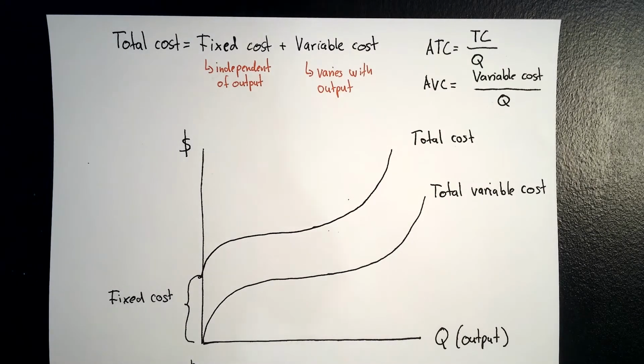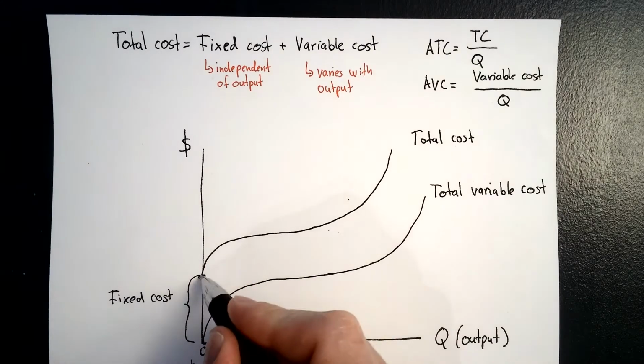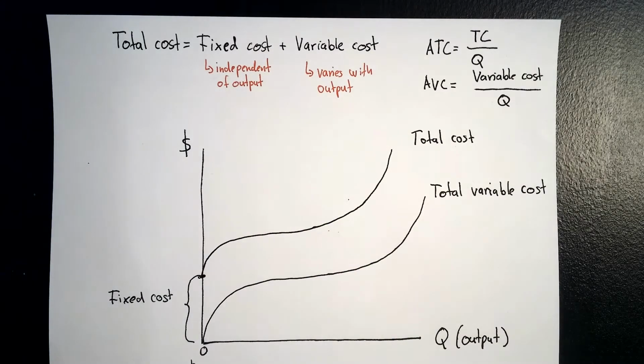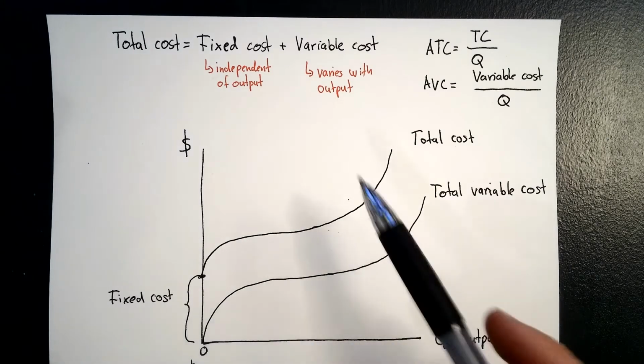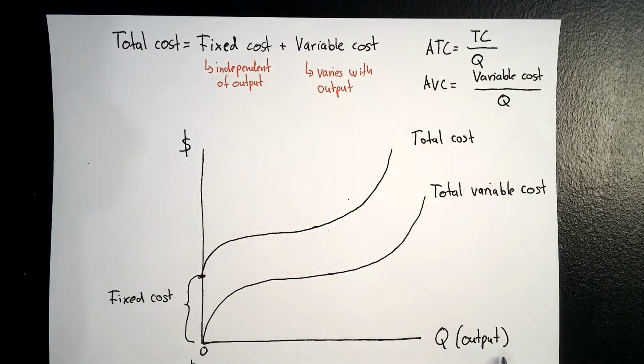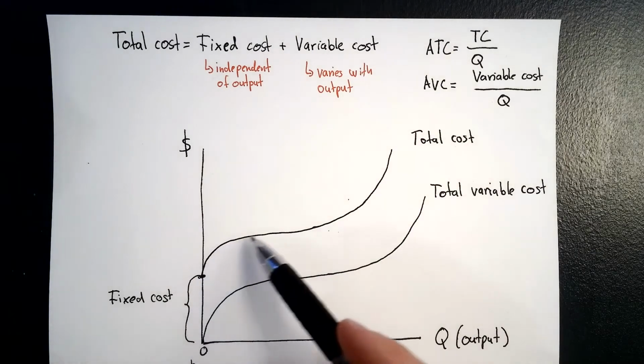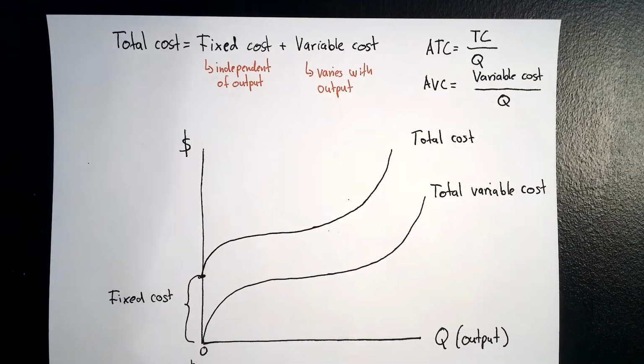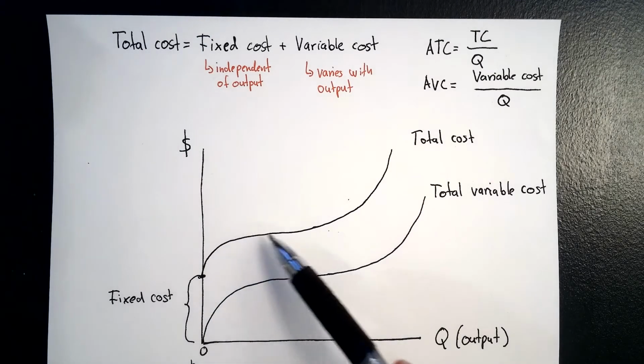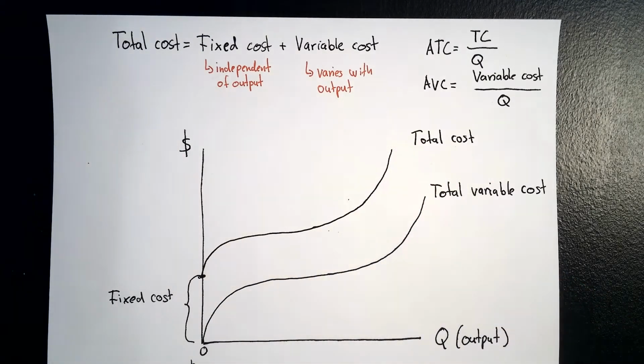Now, when your output is 0, so you have a 0 here, then even if your output is 0, you are still incurring the fixed cost because that is independent of output. But then when you are increasing your output, you're also going to have the total cost.